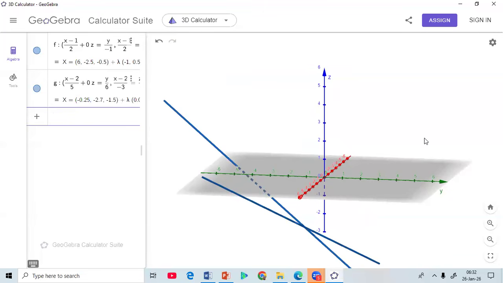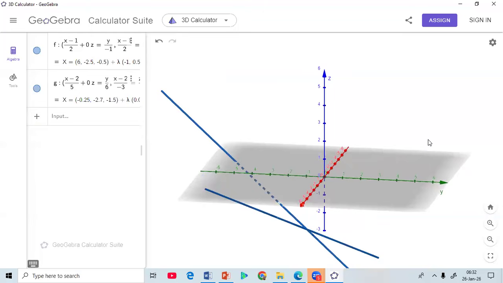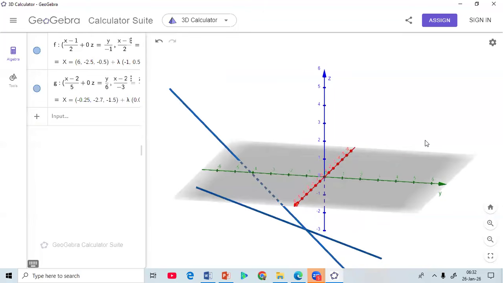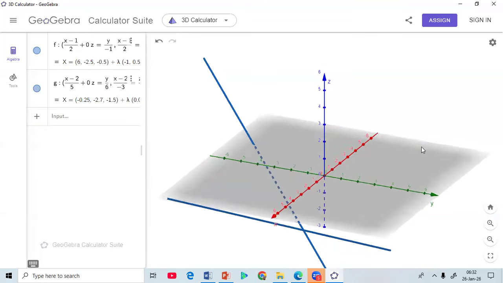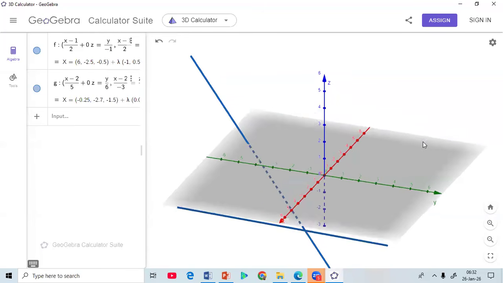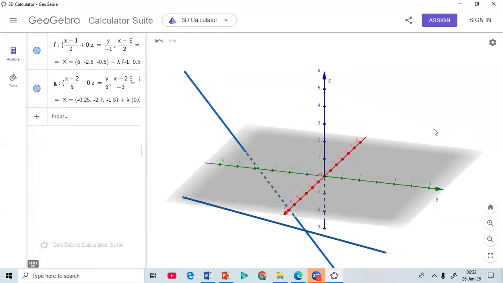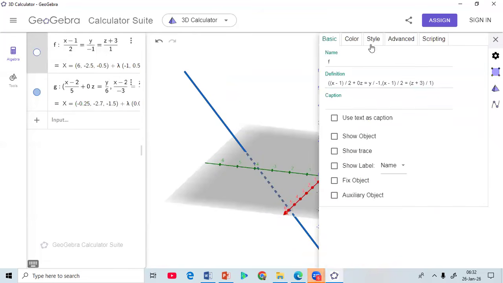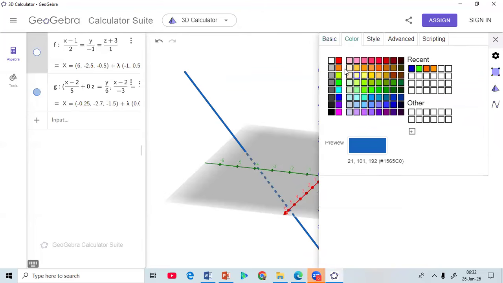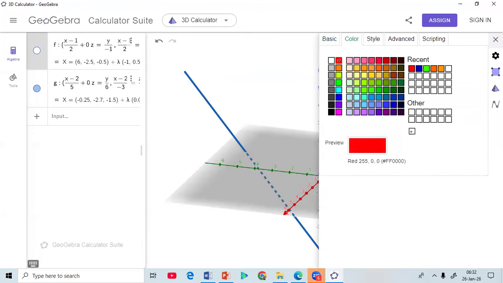Now, I think you can look at my screen. Those are the two lines. Let me change the color so that you can see the two lines clearly.